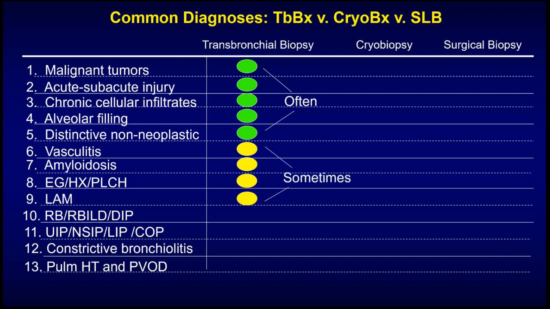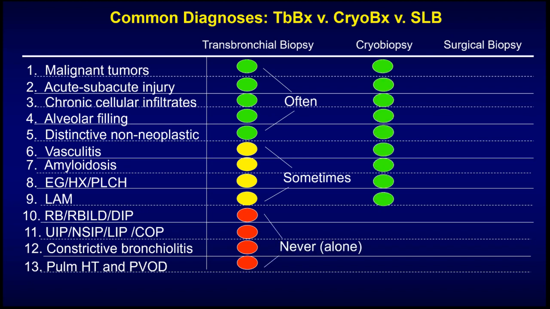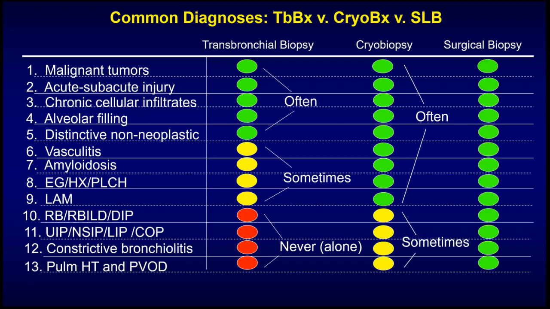And finally, diseases that you really cannot diagnose with the transbronchial biopsy alone, you have to have corollary from the clinical and the radiology. If we look at the cryobiopsy, we see the cryobiopsy is more effective than the transbronchial biopsy because it has a bigger sample of lung tissue. But there are still diseases that are rarely diagnosed by cryobiopsy alone. And then finally, the surgical biopsy, which is often useful and effective, but not 100%.